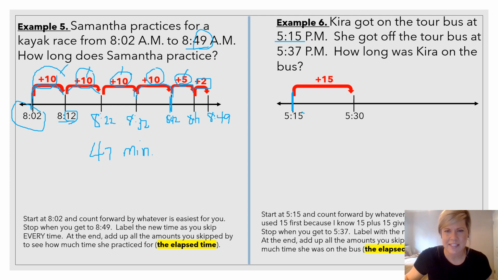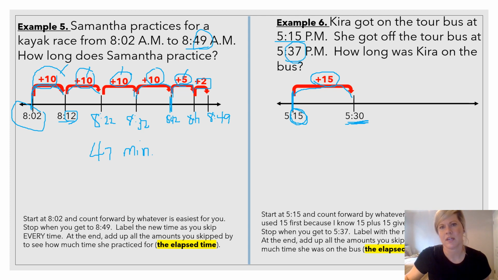Anytime I see a 15 for my minutes, I like to go ahead and add 15 more to that, because I know 15 plus 15 is 30, and that's easy to do in my head because it ends in a 0. So here we're going to jump by 15. My new time is 5:30. Now I only need to go to 5:37.